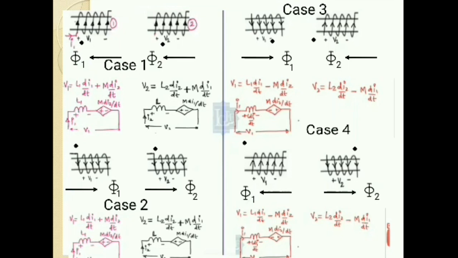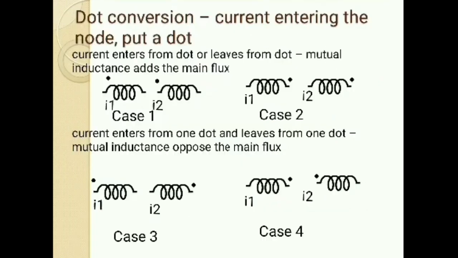And I will take these two inductors in case 3. Current entering one dot and current leaving the other dot. And the fourth case is also the same like this, because here current leaves at one dot and current enters at another dot. So the total mutual flux opposes the main flux.